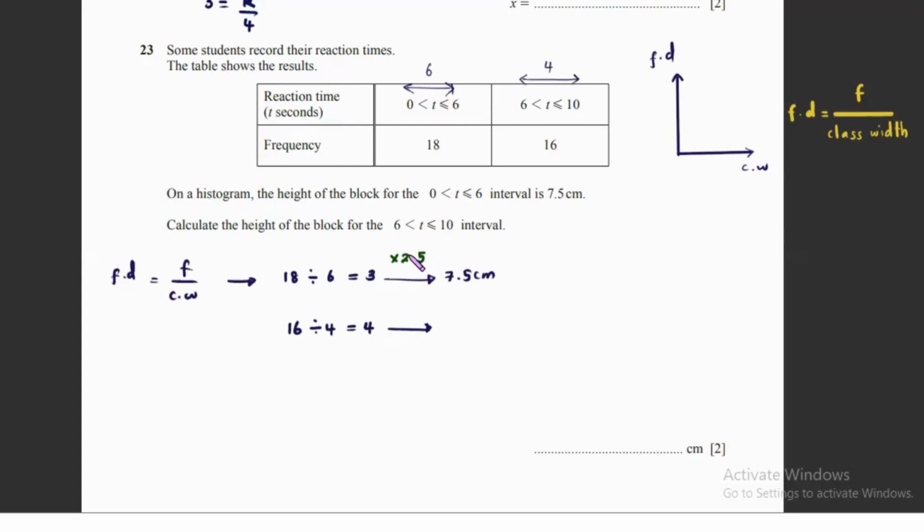Each bar is going to be 2.5 times larger than the frequency density that we have calculated, which means I need to multiply this 4 also by 2.5 to calculate the height of the second bar, which is 10 centimeters. This will be the height of the second bar in that histogram.